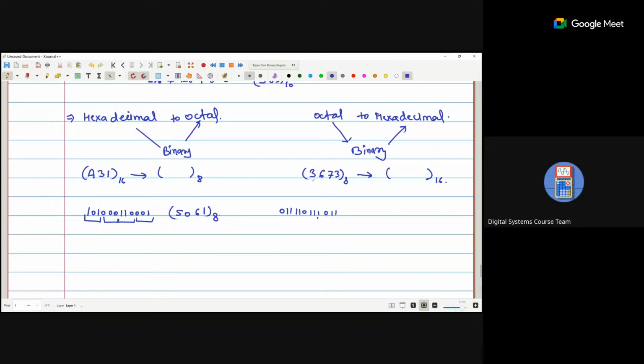Now make a group of 4. 1, 2, and 3. So it is a 7, 11, 11. 11 is B. It is again B. So 7BB base 16.